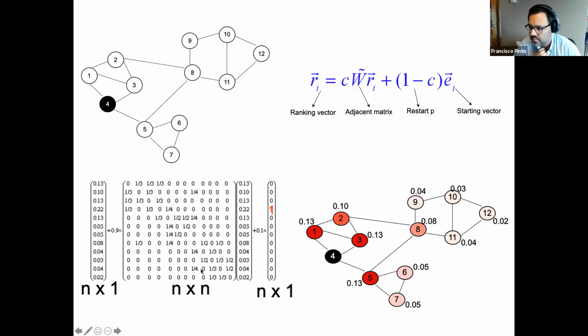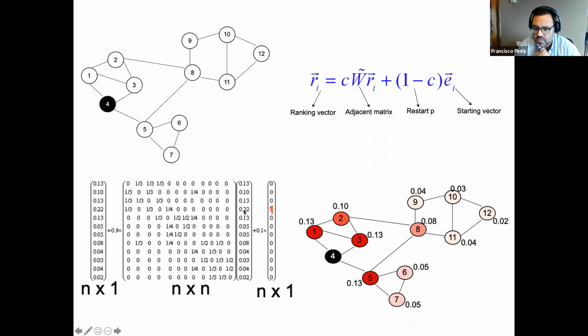And I can imagine that I have a starting vector that is just all zeros and one in the position 4. Then to know the probability of being in any other node in the next time step, I can just multiply my starting vector by this matrix, and this will give me the probability of the walker being in each possible node in the next time step.